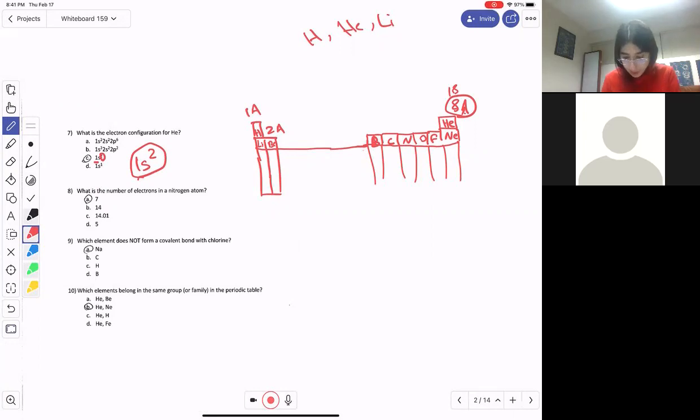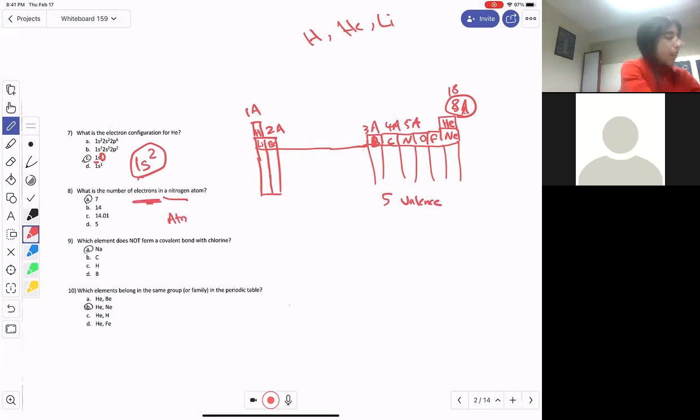Okay. And then nitrogen, I just wrote it here. It's in group 1A, 2A, 3A, 4A, 5A. So it has 5 valence electrons. But in order to know the number of electrons in general, you look at the atomic number.